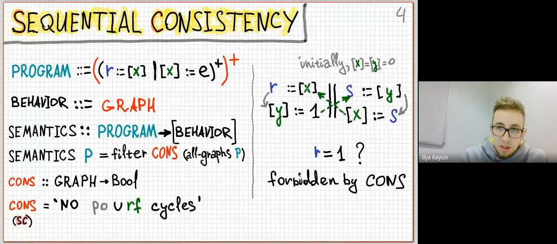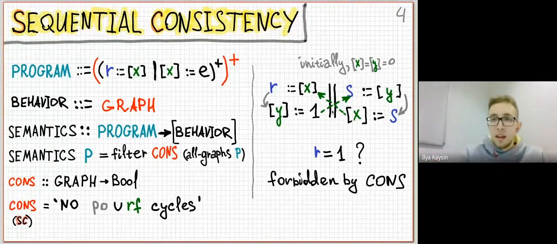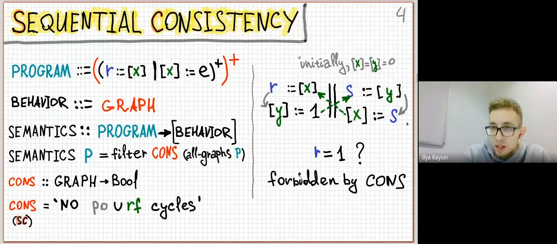And it's also impossible in terms of graphs, because if you look at the graph that explains this behavior, it contains a PO union RF cycle. Right, so this behavior is forbidden by this consistency predicate. It's not sequentially consistent.